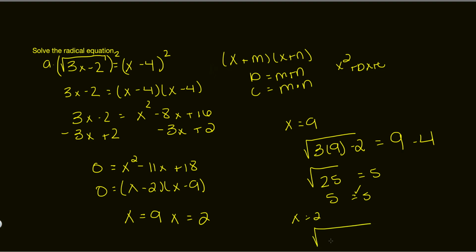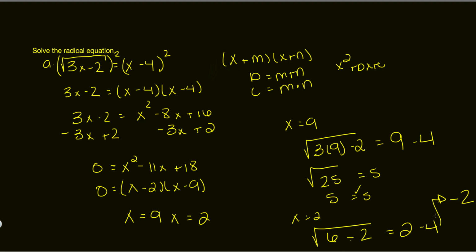We're going to look at the root of 3 times 2, which is 6, minus 2, which equals, and we're doing 2, so 2 minus 4. On this side, we're actually going to get a negative 2. And if you remember, the principal square root cannot equal a negative.